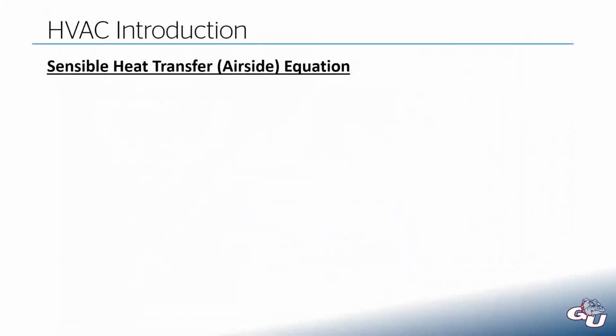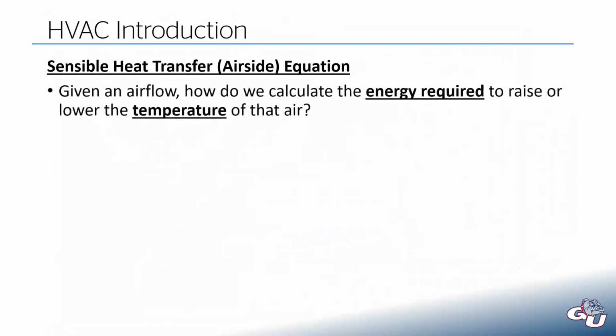So conceptually, that's what sensible and latent heat transfer is. But how do we apply some math to that? If we know an airflow, if we know our unit is moving 1,000 CFM of air, how do we calculate the energy required to raise or lower the temperature of that air, depending on if we're heating or cooling?